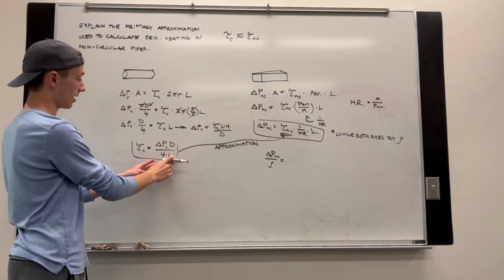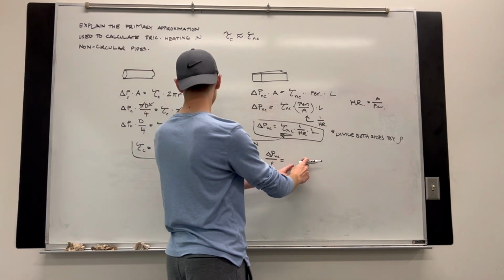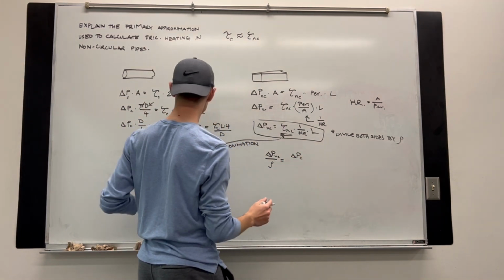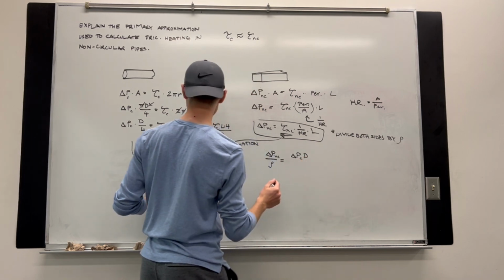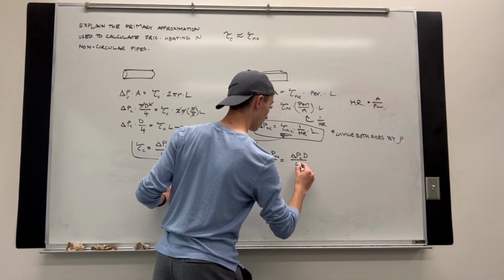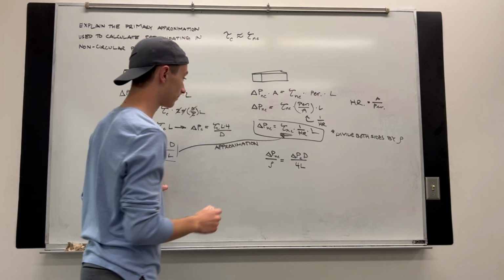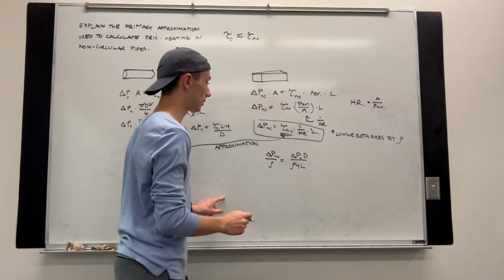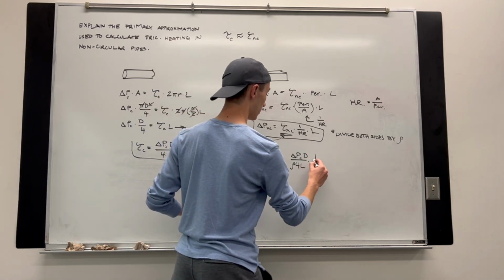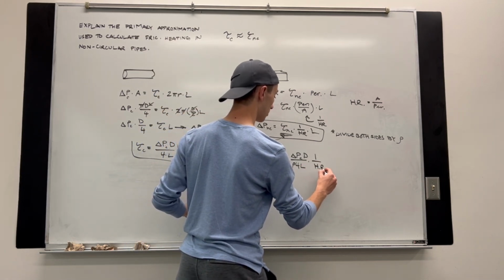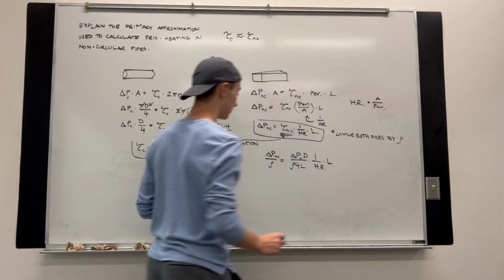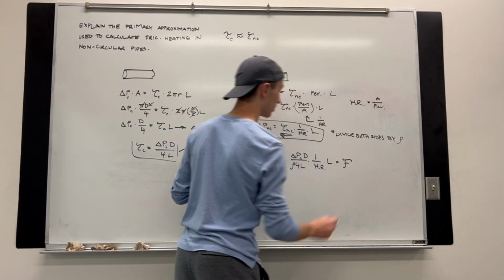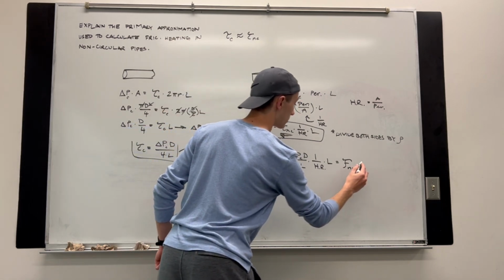We can go ahead and plug this guy into here. Delta P circular times the diameter over 4L. Remember, we divided this side by rho times 1 over the hydraulic radius times L. And this also equals the frictional heating for our non-circular pipe.